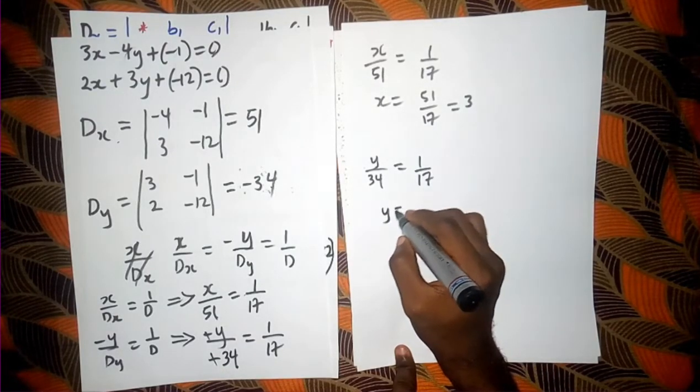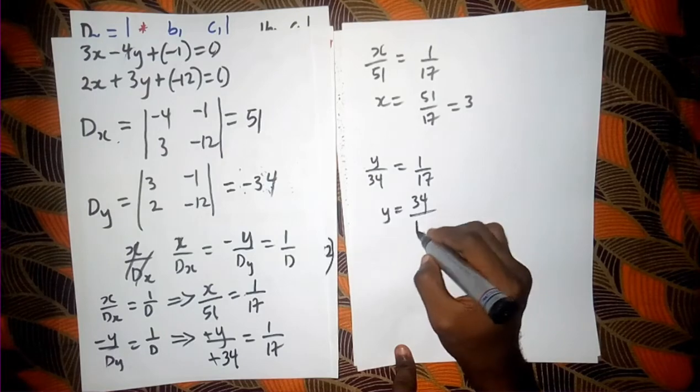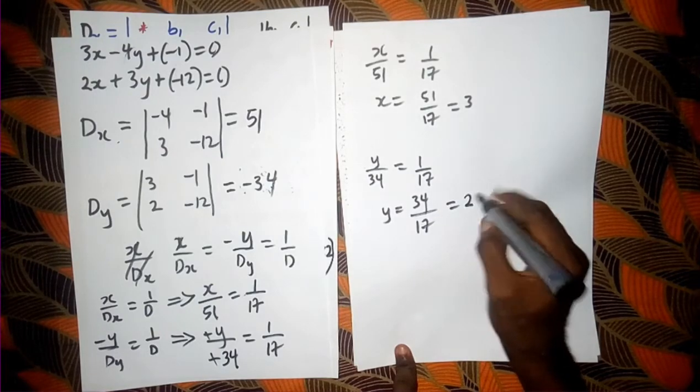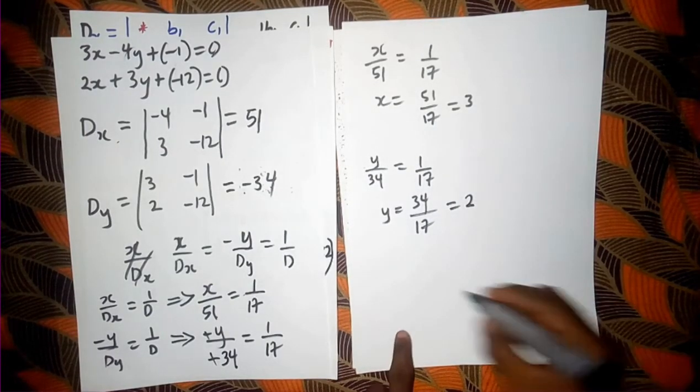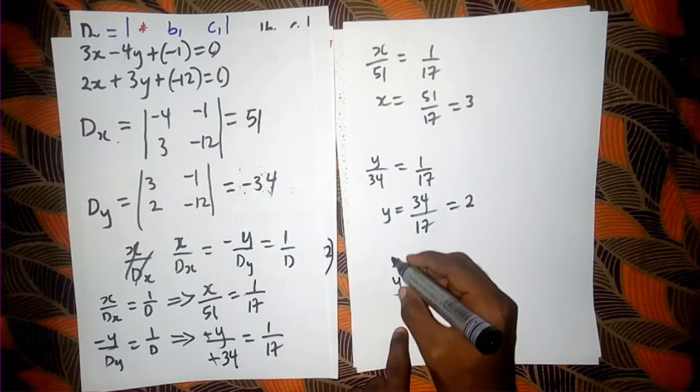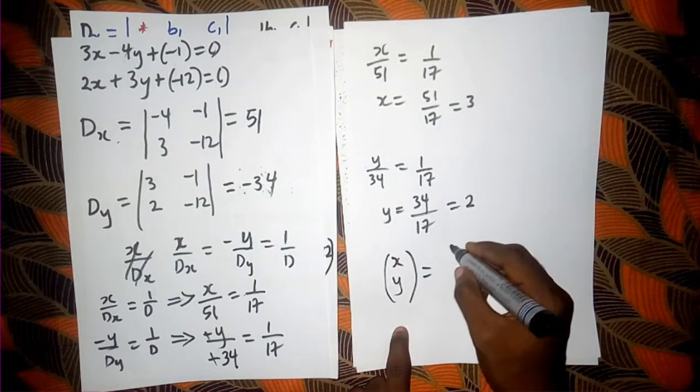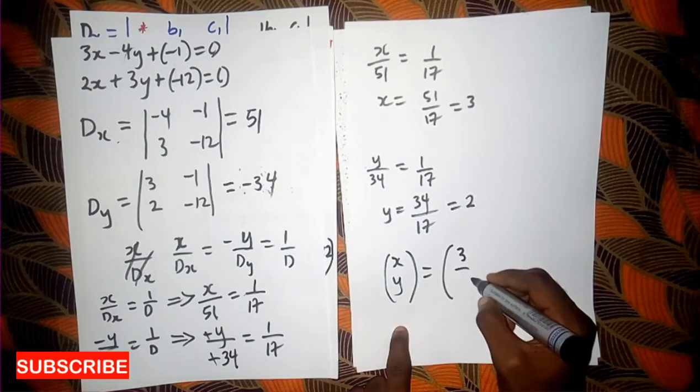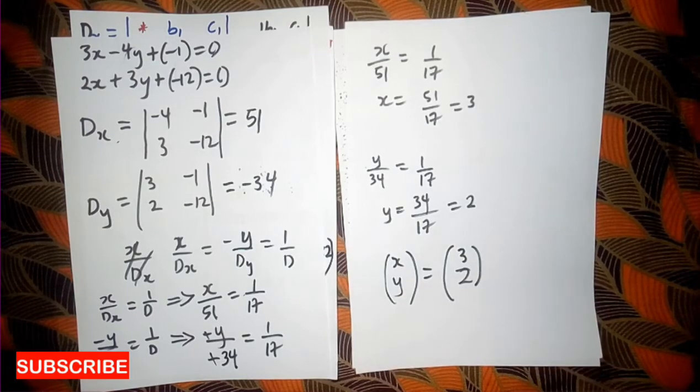So y is equal to 34 divided by 17, which gives us 2. So x, y is 3, 2. This is the solution of the linear equation using the determinant method, two variables, two equation system.